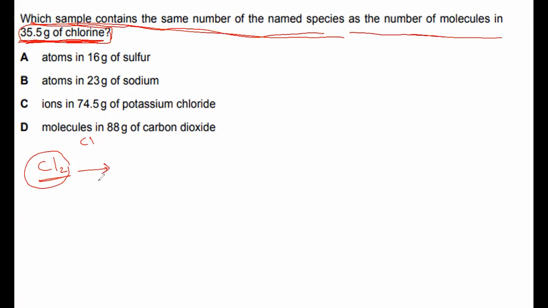To know the numbers, we should find the moles. To compare the number of molecules, we are supposed to find the moles. So how many moles of Cl2 do we have here? It is mass over molar mass: 35.5 over 71, the molar mass of Cl2, because we have two Cls.